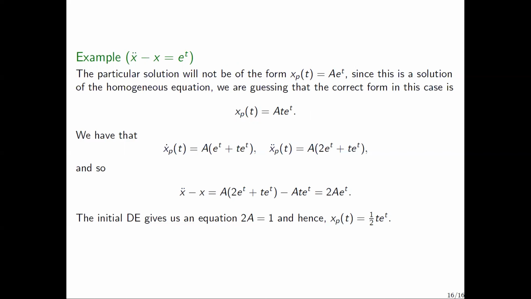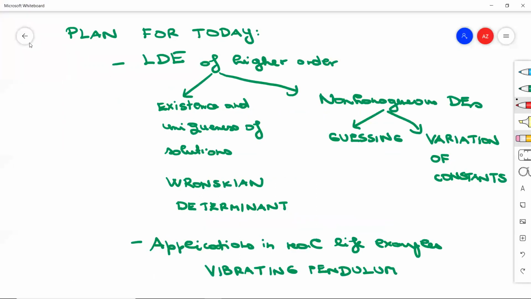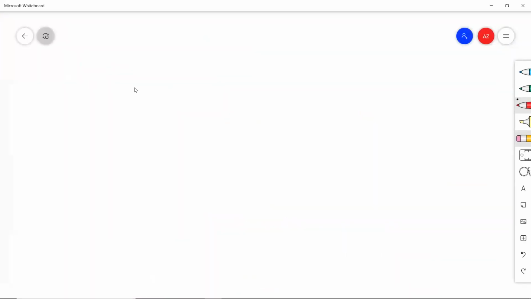Okay, this is where we remained last time, and now we will look at one example where we can't guess the form of the general solution, but there is a procedure to determine it using variation of constants. So let's look at this specific example.